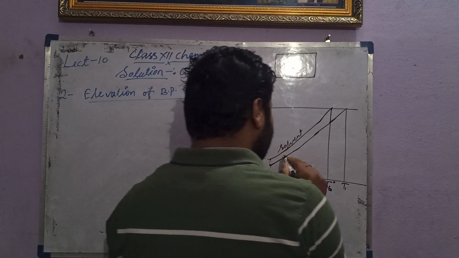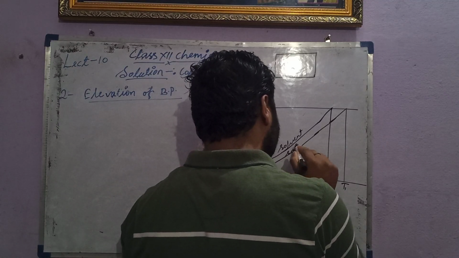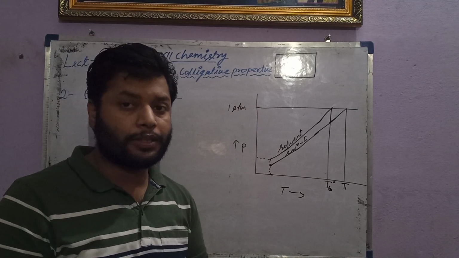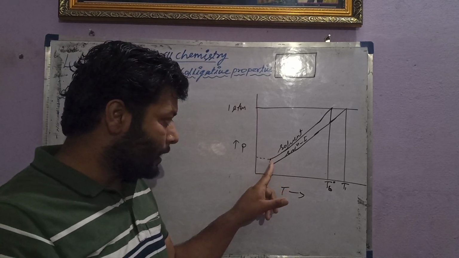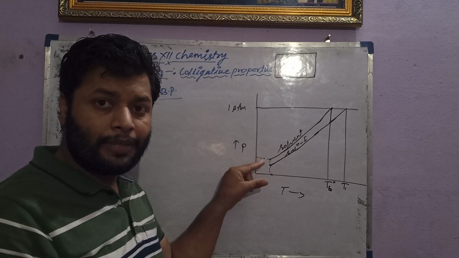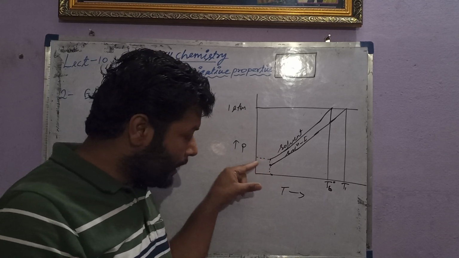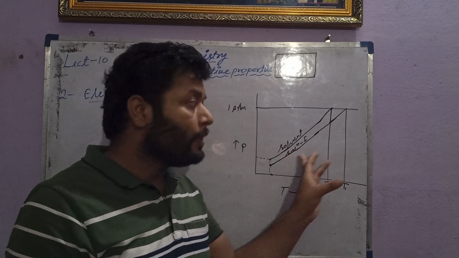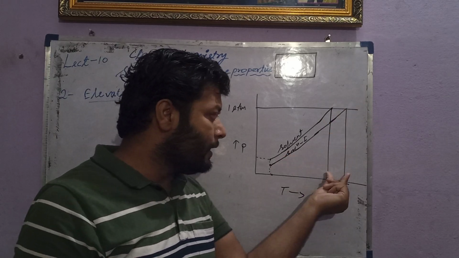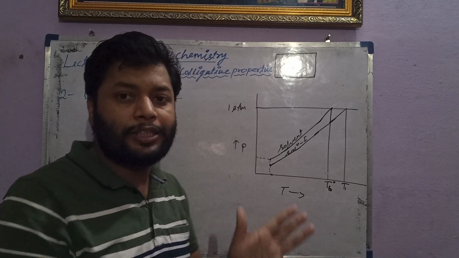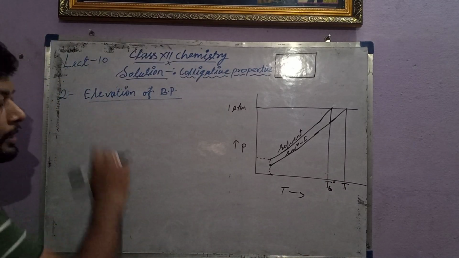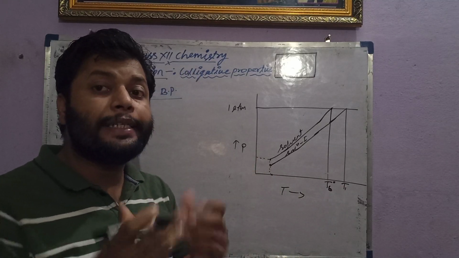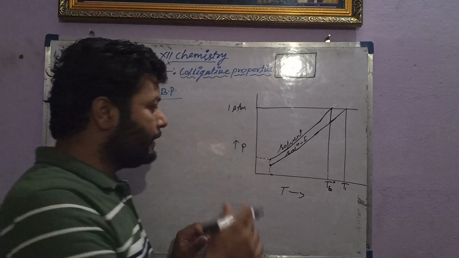So this is called the solution. We added a non-volatile solute, the vapor pressure of the liquid decreases, and to bring the vapor pressure of the solution to the outer atmosphere, it needs some extra temperature, and this is called elevation of boiling point. The boiling point increases.